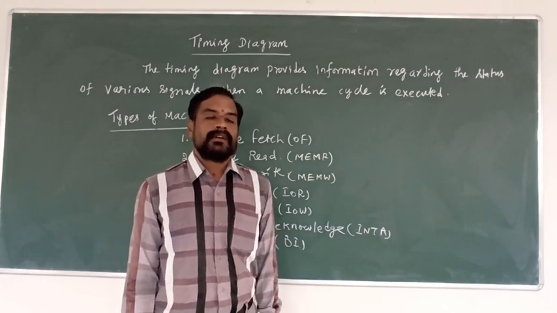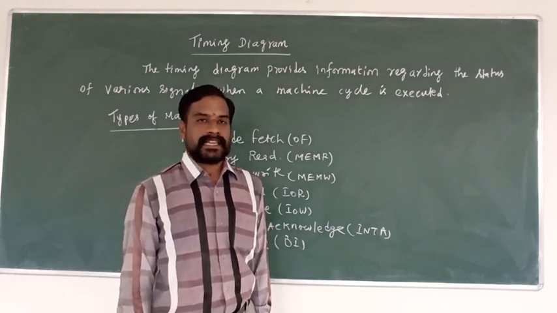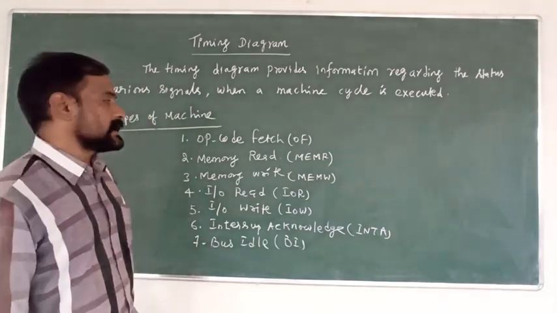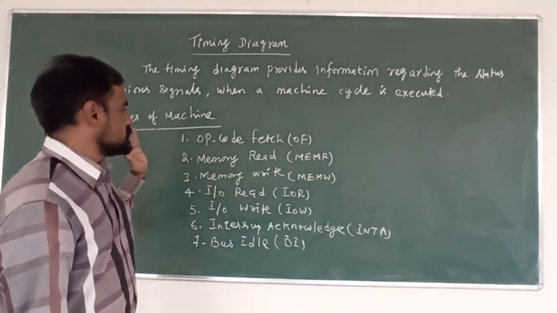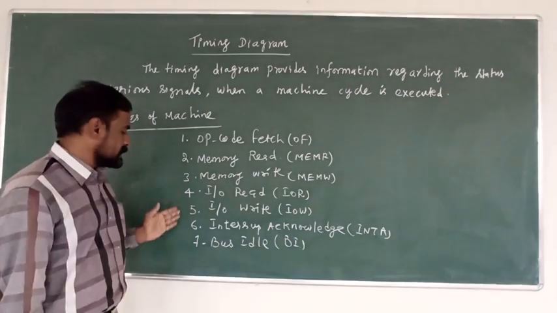This is called a machine cycle. There are 7 types.